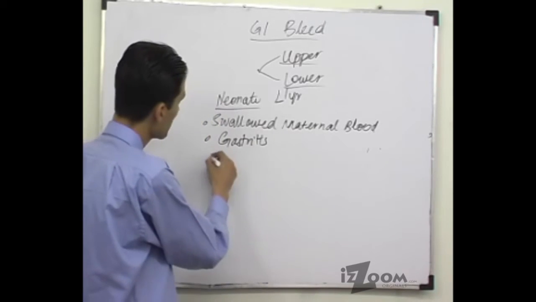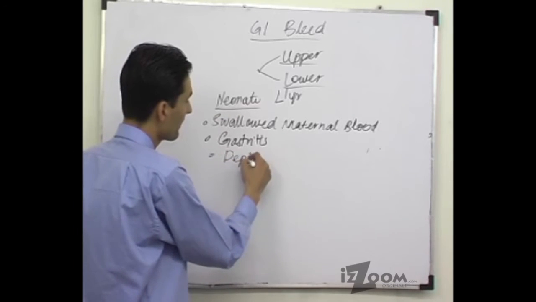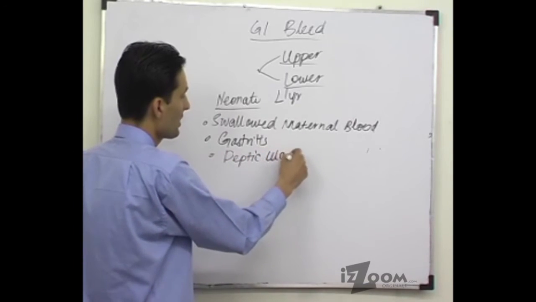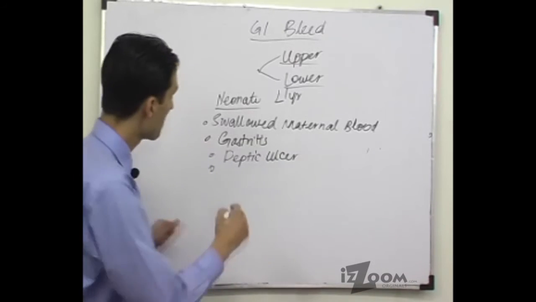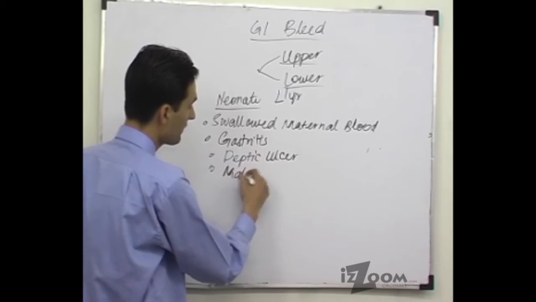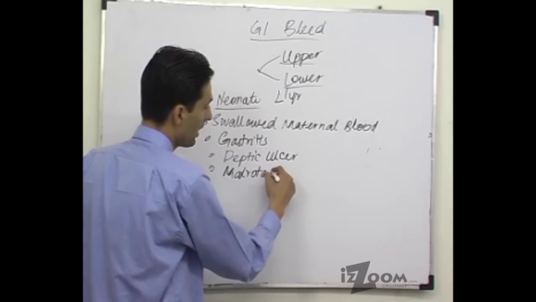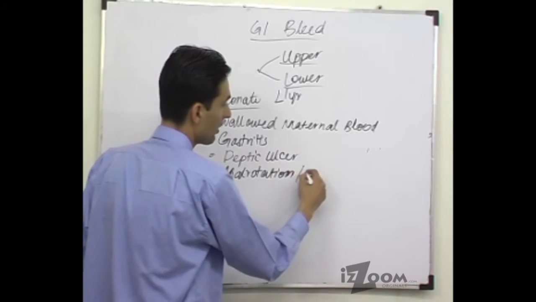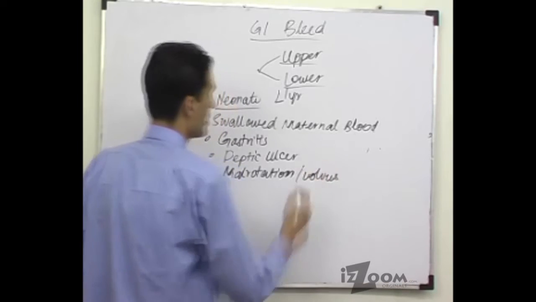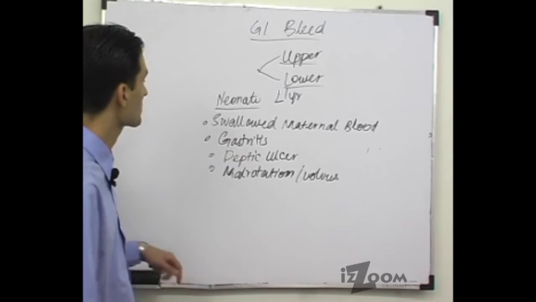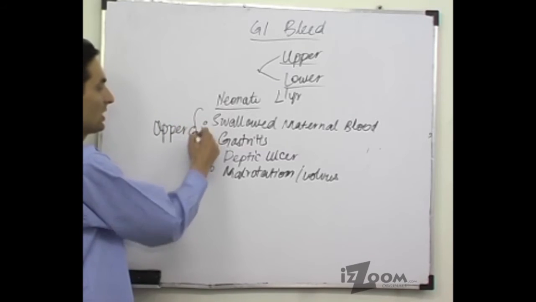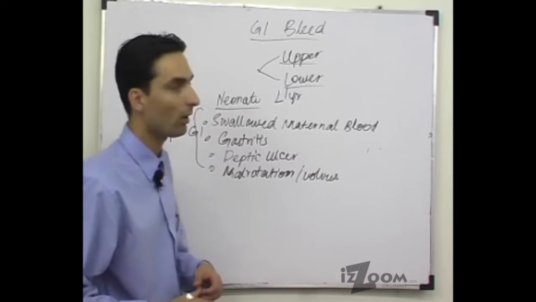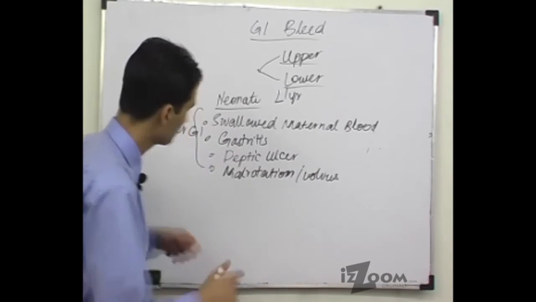They can also suffer from peptic ulcer. Infants less than 1 year of age can have peptic ulcers as well. And malrotation and volvulus of the intestine can also cause upper GI bleed. These are the causes of upper GI bleed in infants less than 1 year of age.